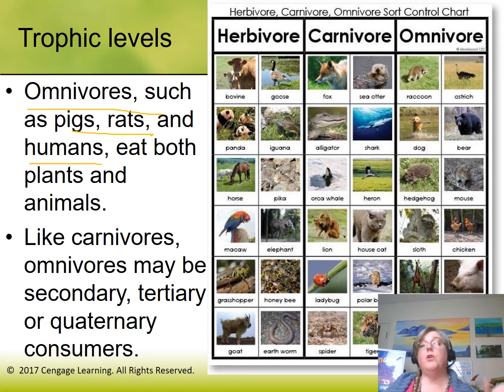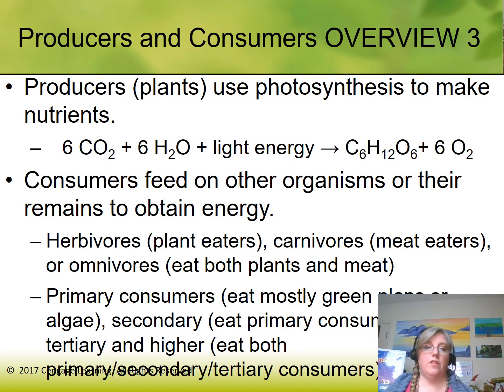But as far as are you a carnivore, you're always a carnivore. Are you an herbivore? You're always an herbivore. Are you an omnivore? Yes, you're an omnivore. That doesn't change. But the primary, secondary, tertiary can change based on what you've had for lunch that day and what everybody else has had for lunch that day.